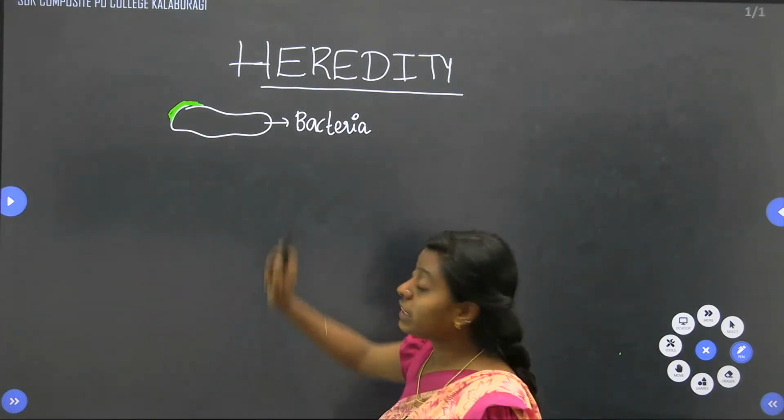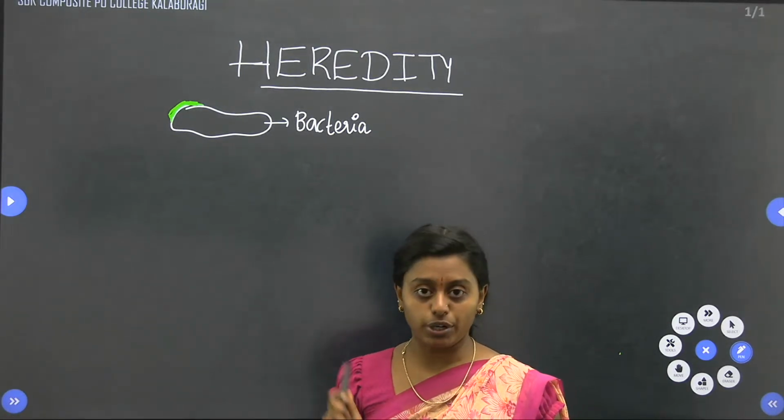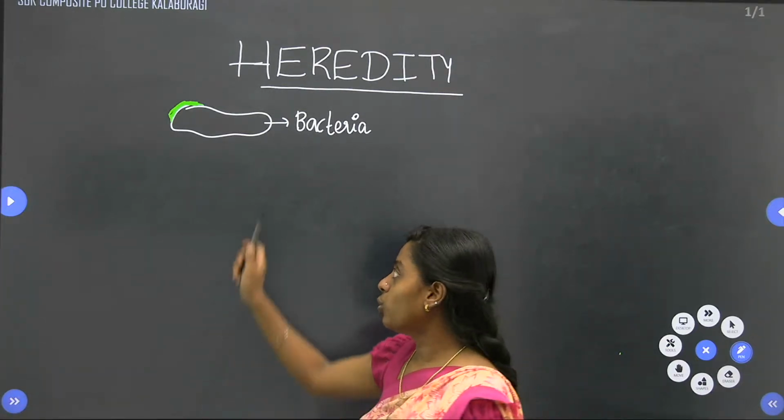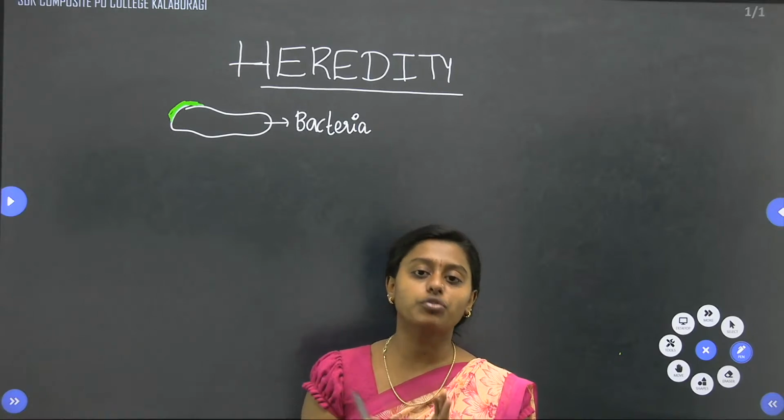If this bacterium now undergoes asexual reproduction, only a single individual is acting as a parent and getting divided to form the offspring.